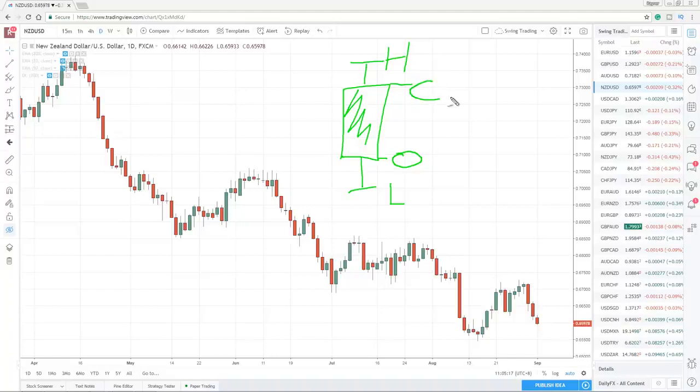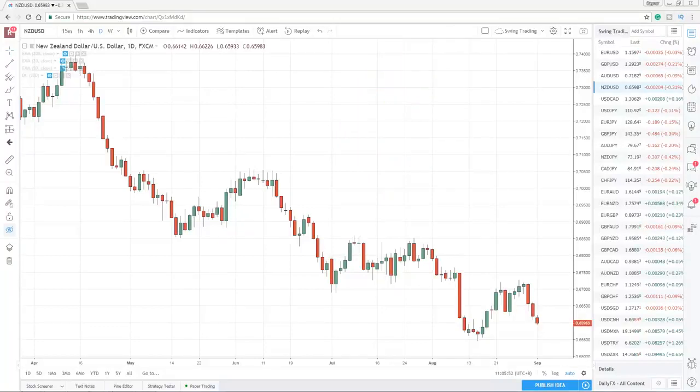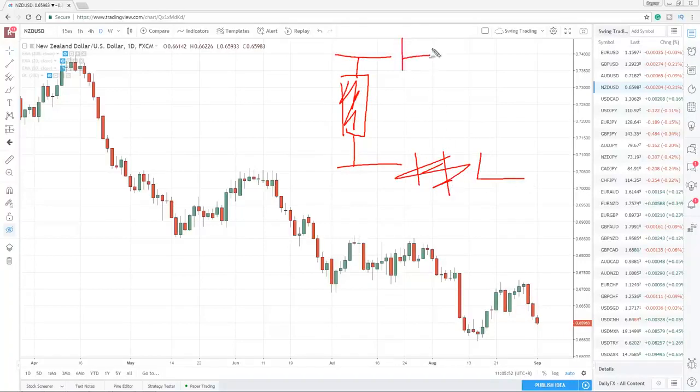Make sense? So now what about the red color bar that you see? The red color bar is just the opposite. Again, this is the high of the day, the low of the day. No, this is the low, and this is the high.